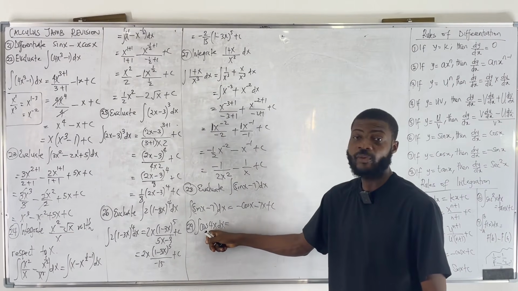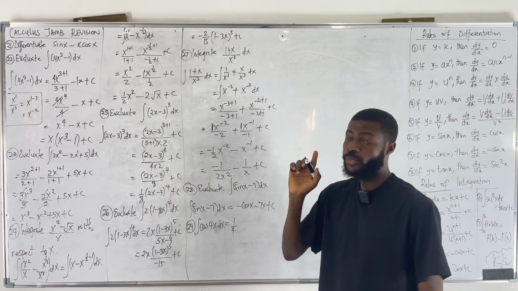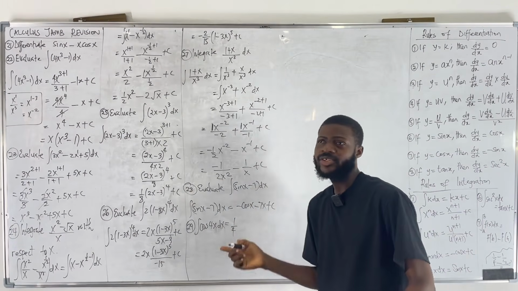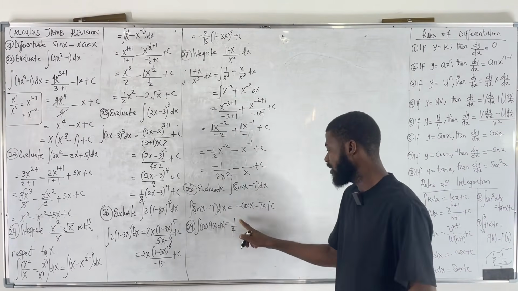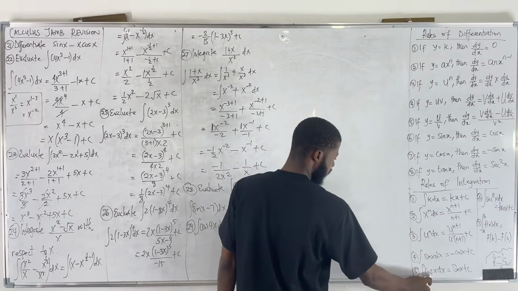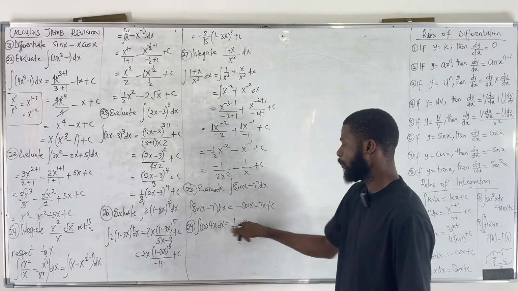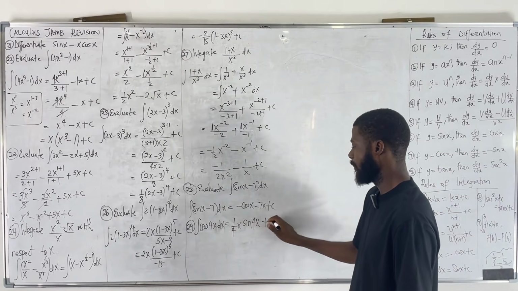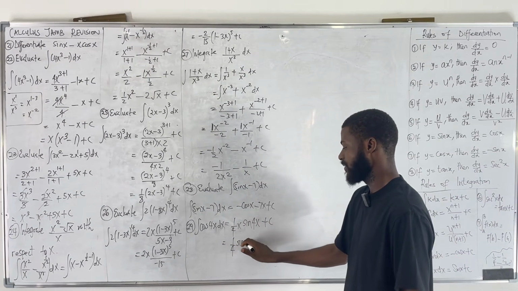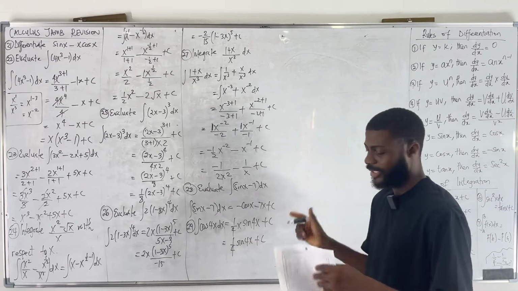So what will you get? You will get 4. So you have to first write 1 over 4. You will not just write the 4, you say 1 over, because integration is like the opposite of differentiation. Then times integrate cos. When you integrate cos, you will get sine. So this will be times sine. Then you put the angle back, 4x, and then plus c. So this will become 1 over 4 sine 4x plus c. That will be the answer.